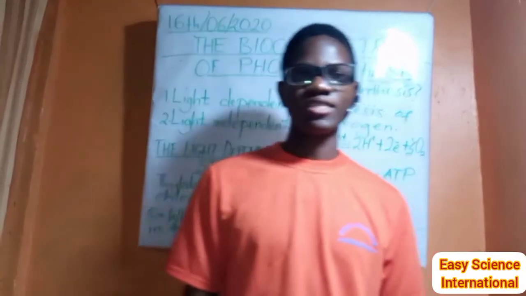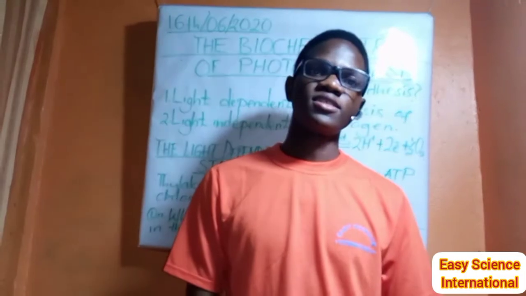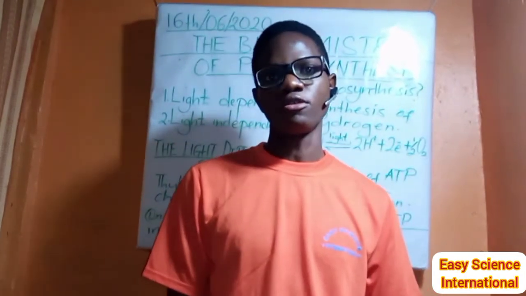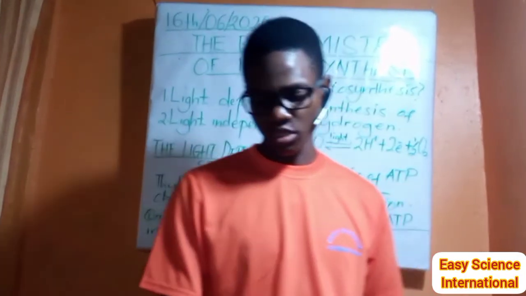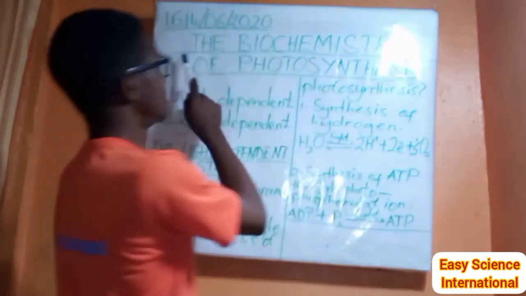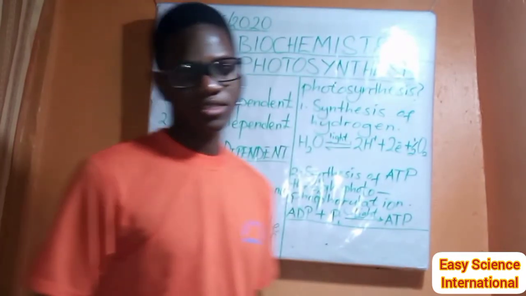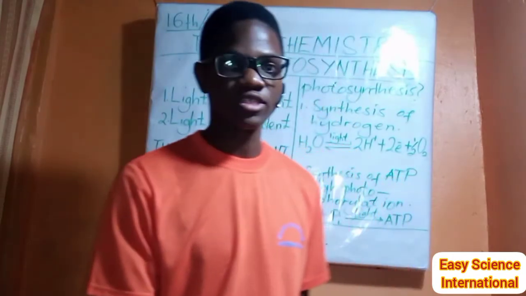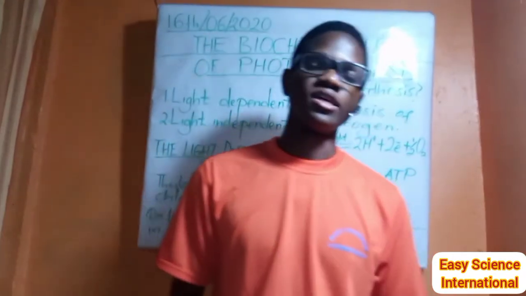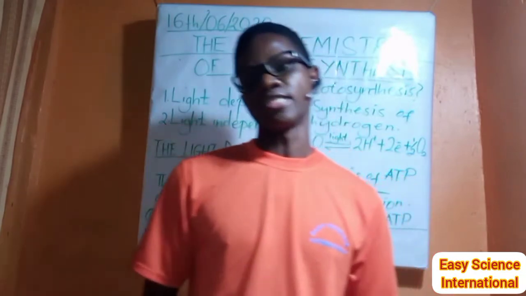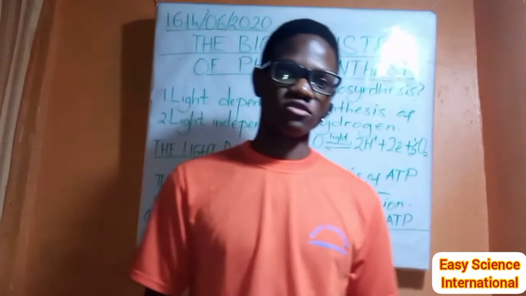Welcome to Easy Science International, and this is our 10th tutorial. Today we are going to be looking at the biochemistry of photosynthesis. So far we've looked at the leaf as the major photosynthetic organ.